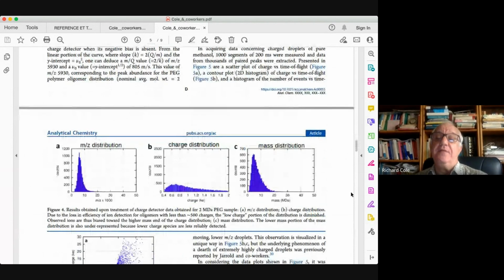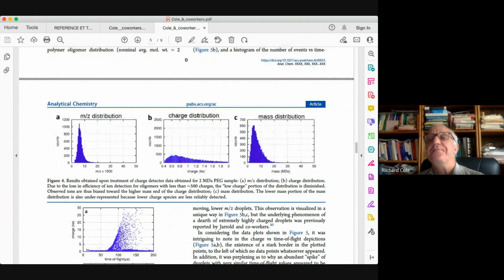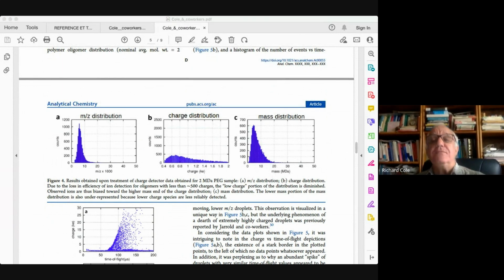With that other system, they were slightly better than us at measuring lower mass species, so that can account for the difference there. Okay, I'm going to stop there.